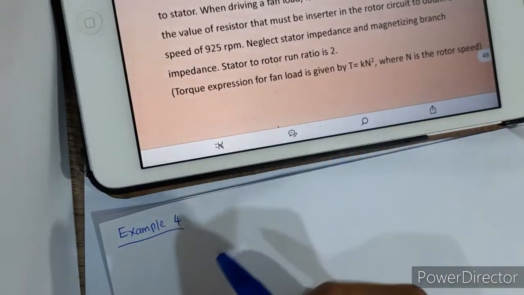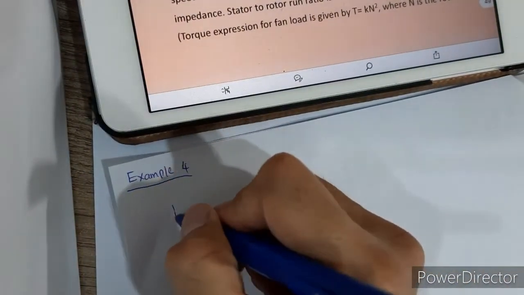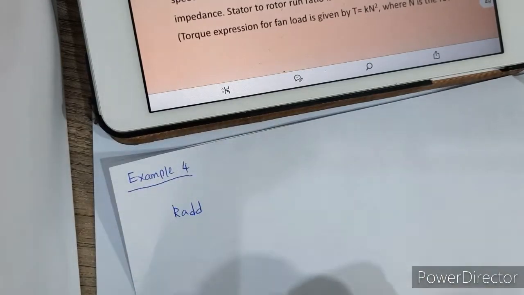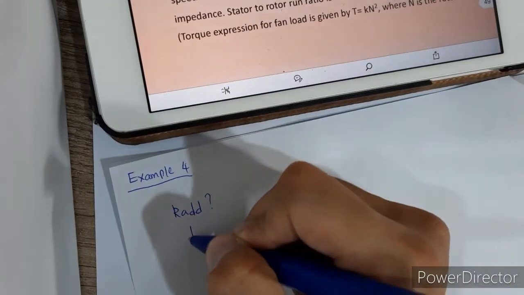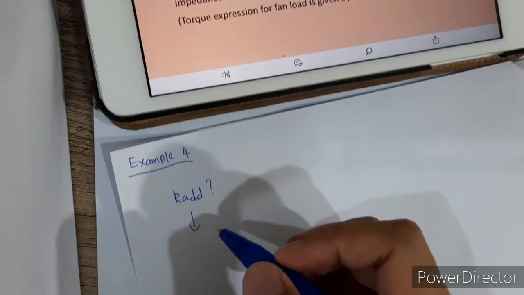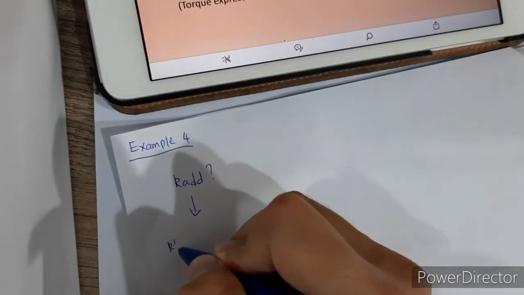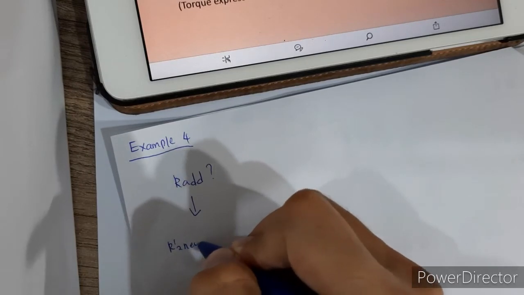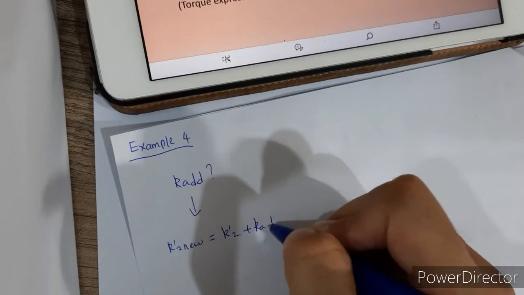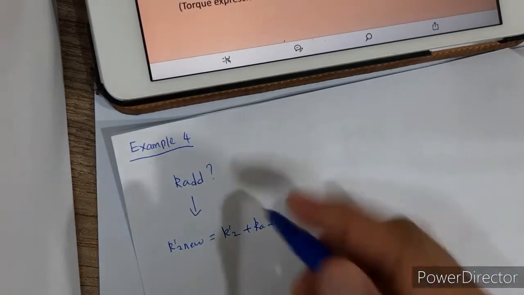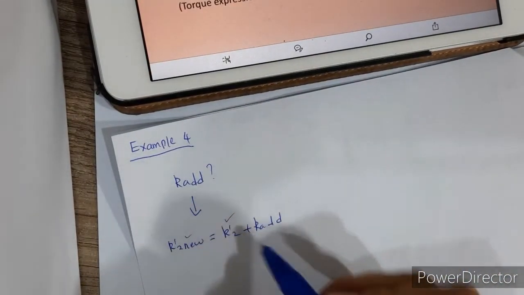So we want to determine R add in series with R'2. Like the example before, R'2 new equals R'2 plus R add.